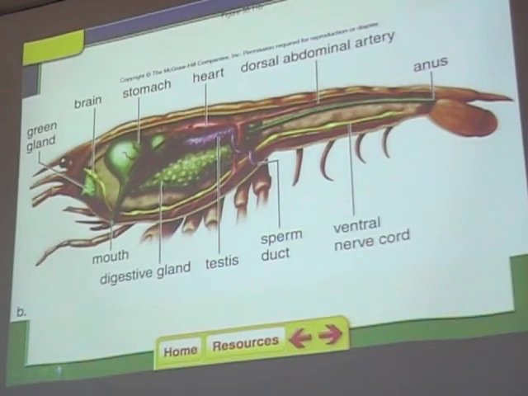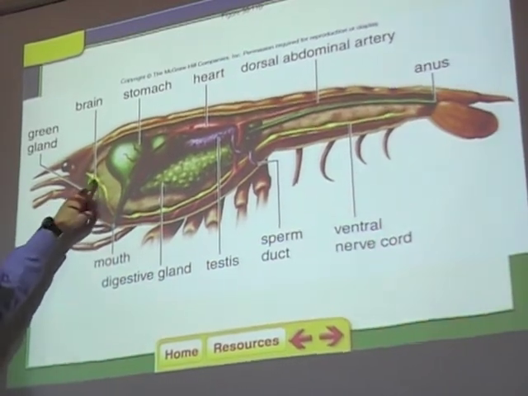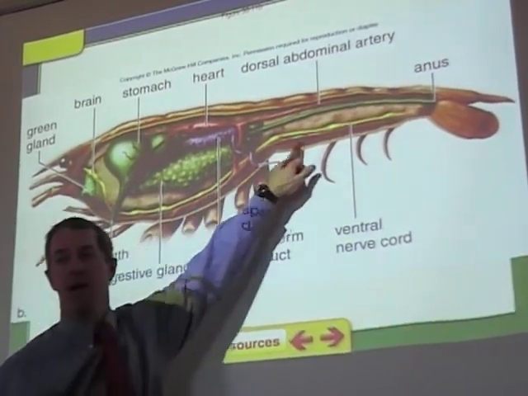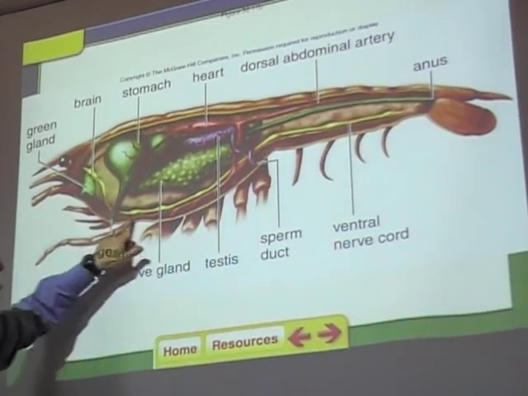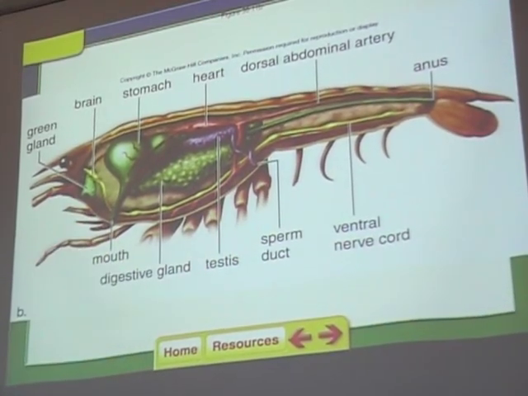Here's a look at the side of it. If you cut it open, you see it has a brain and a ventral nerve cord running down its stomach. Green gland, I have no idea what that's for. Here's this big digestive gland that helps it digest the food. There's the stomach. So look where its mouth is. You would think the mouth is up here somewhere. There it is right there.